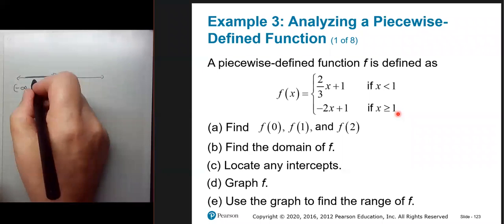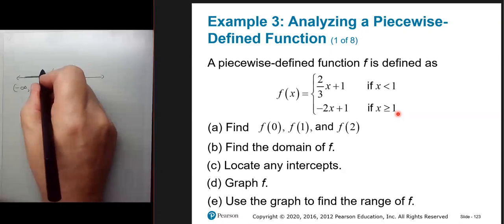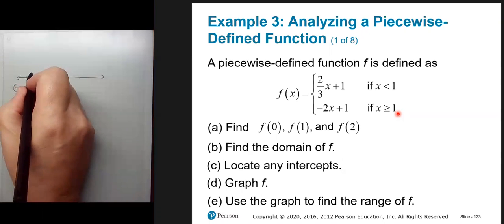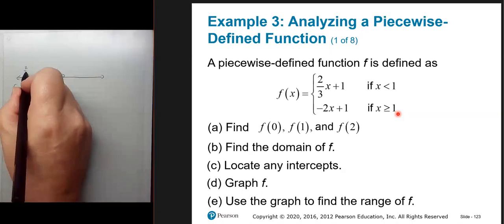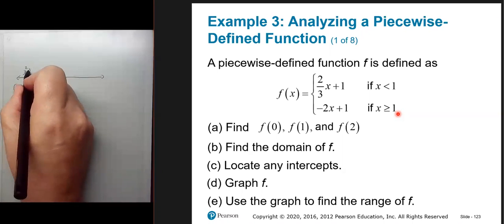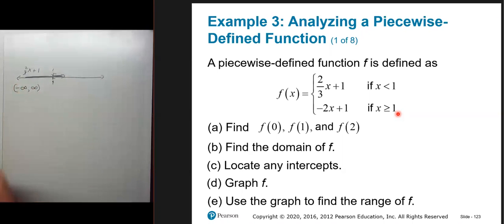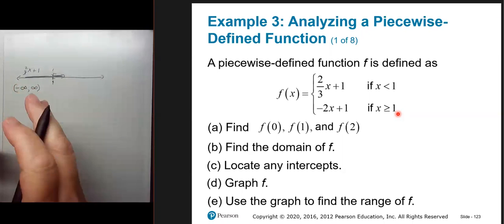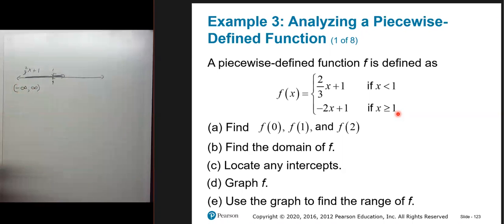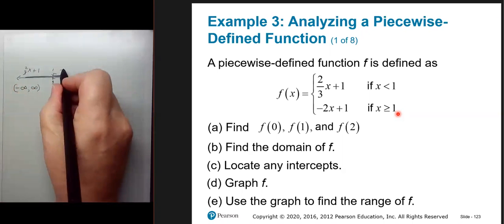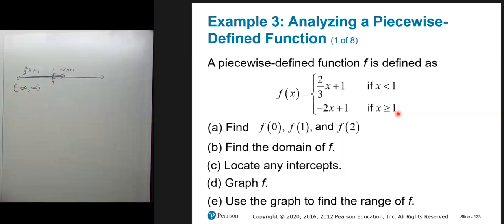But when we're in this part of the domain, which is less than 1, we're using the expression 2/3 x plus 1 for the function. And when x is equal to 1 or bigger, then we're going to use the expression x minus 2 plus 1 for the function.